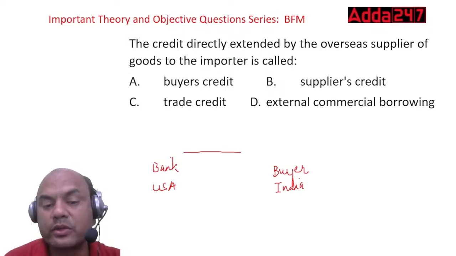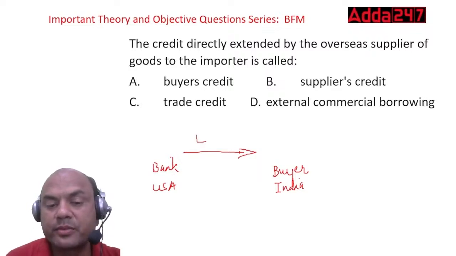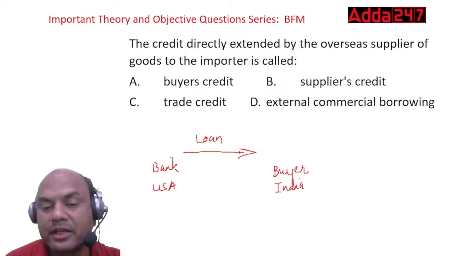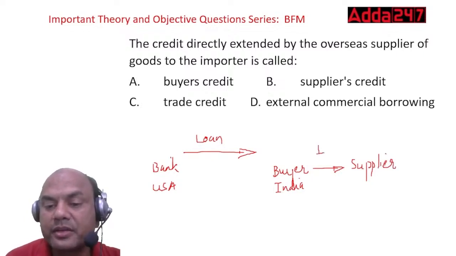By getting this loan, suppose the loan was received from this bank in USA. So this loan is received by this buyer, and this buyer paid the supplier right now, immediately, today only.